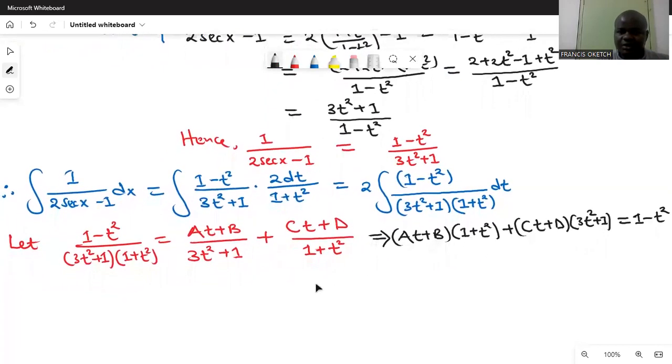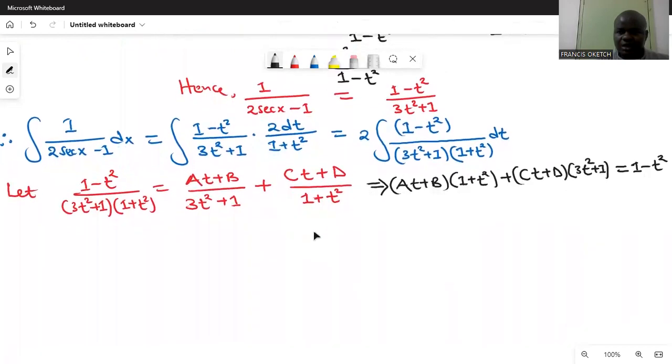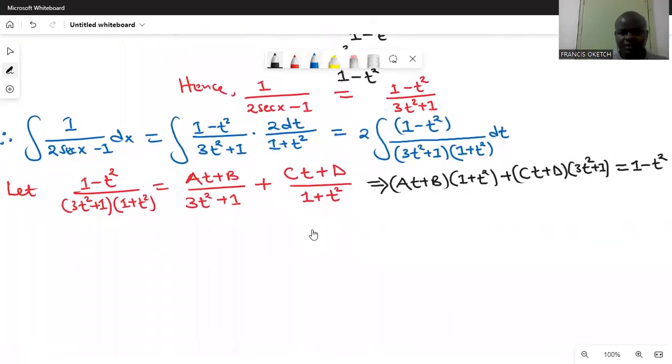If you expand the left-hand side, you're going to get at plus b plus a t cubed plus bt squared.